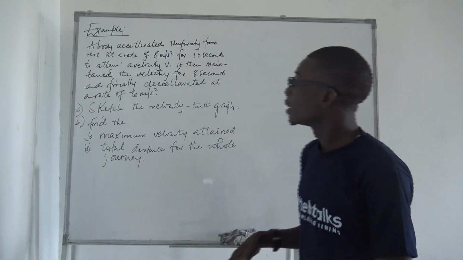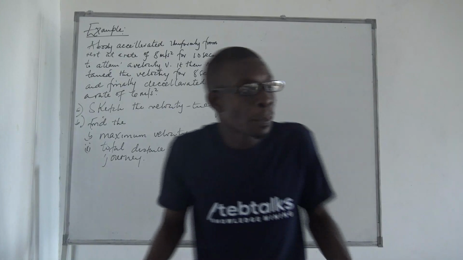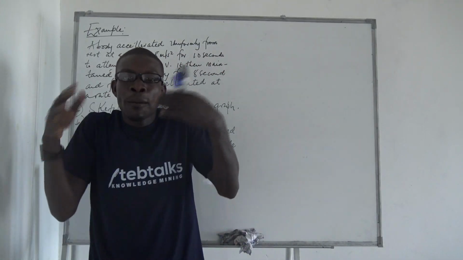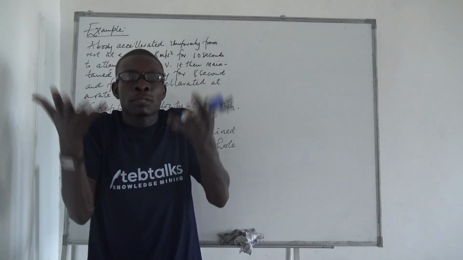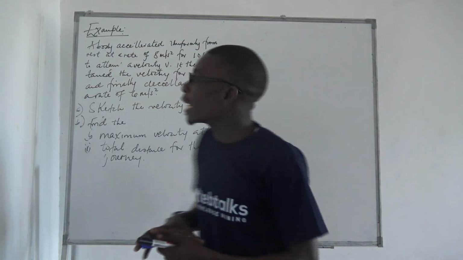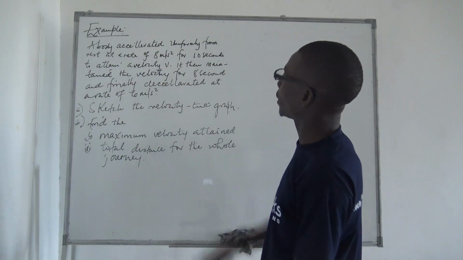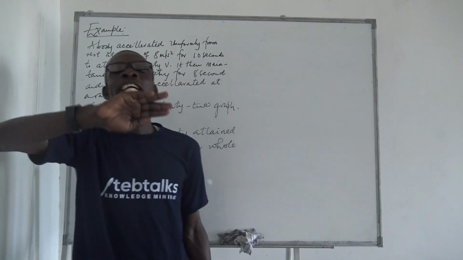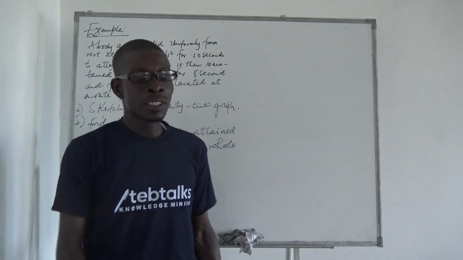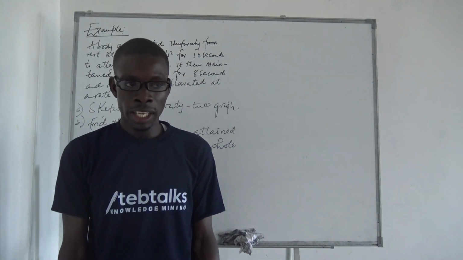Supposing we are having a body which is going to begin at rest, it will begin by increasing its speed steadily at a rate of 8 meters per second squared. That speed will be increased for 10 seconds. Is that okay?